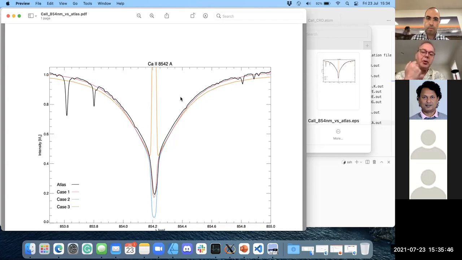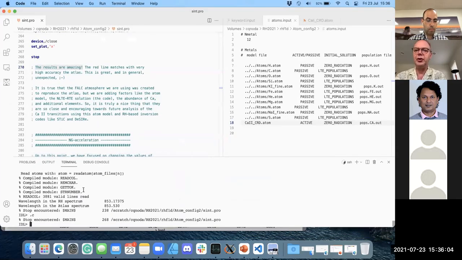Hans, do you want to comment? Some of the populations will be higher, some of them will be lower. You can plot the population numbers, but maybe not so relevant now. They are available, and you can plot the departure coefficient, which is the ratio of the population numbers. But in general, when you have deviations from LTE, they may be positive or negative. They're not necessarily always positive or always negative. It depends on what the radiation field is doing to the population numbers.